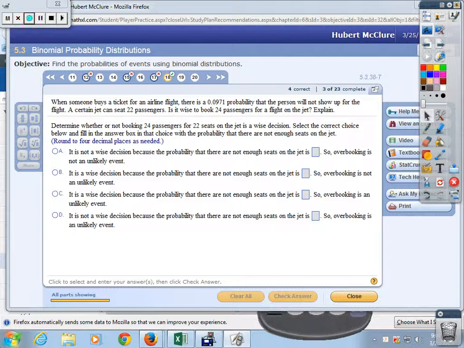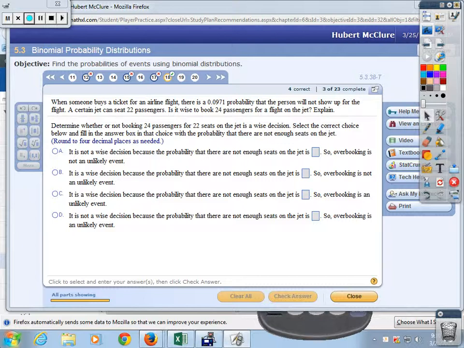How many people are going to get on the plane? 22. Somebody's going to have to stand up because there's only 22 seats. Now that's very important for you to realize in this problem because people focus on the 24 when they should be focusing on the 22, because 22 is the main number.